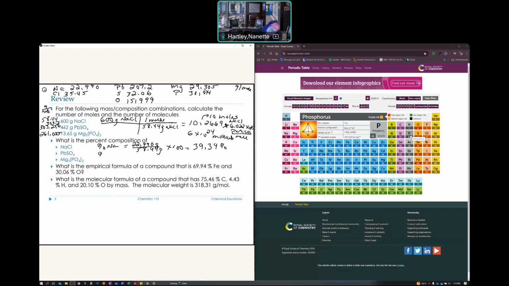I'm going to get percent Cl. It's going to be 35.45 divided by the 58.44 grams. Both those are grams, times 100. 35.45 divided by 58.44 times 100.